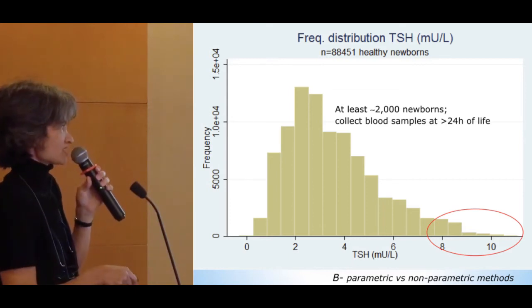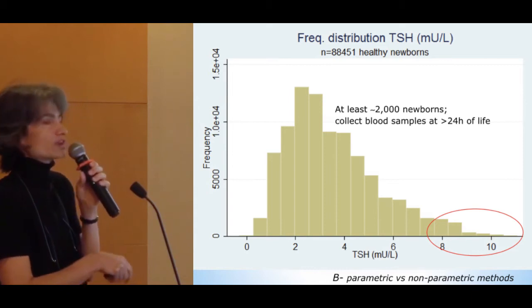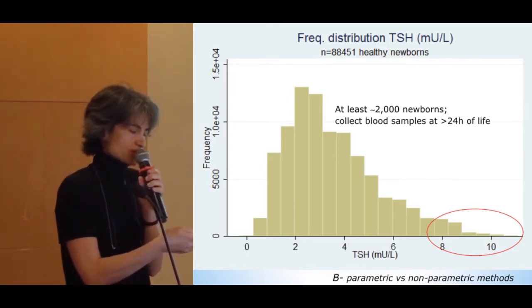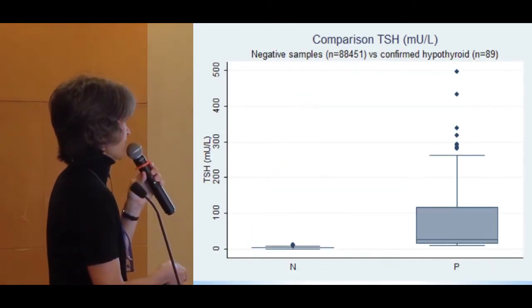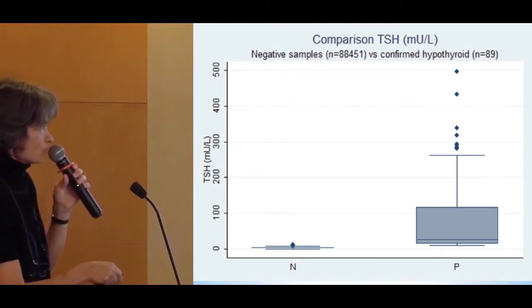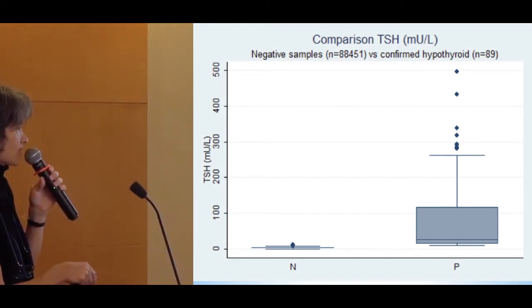So see, there are a lot of values among the general population that overlap the range where we will find our hypothyroid newborns. And this is another way of telling the same thing. This is the confirmed hypothyroid, and this is the healthy population.